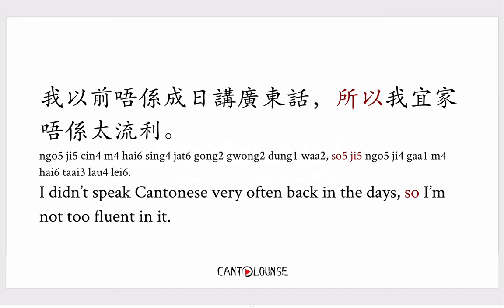So he might say on his first day at work to colleagues, 我以前唔係成日講廣東話，所以我而家唔係太流利. So I before 以前唔係 not 成日講廣東話 always speak Cantonese, 所以 so 我而家 I now 唔係太流利 am not too fluent.